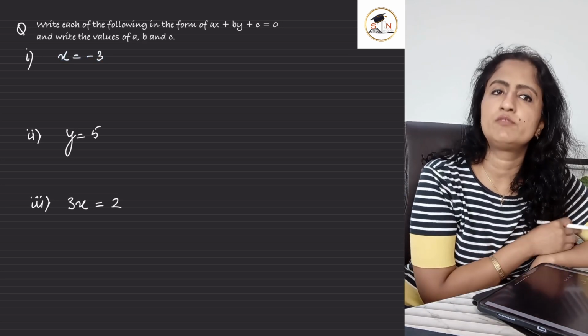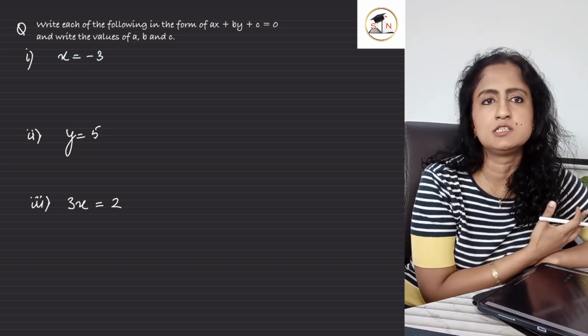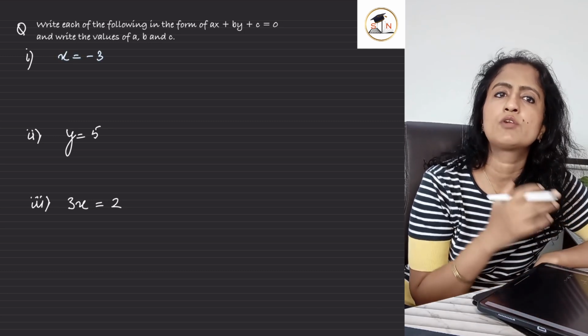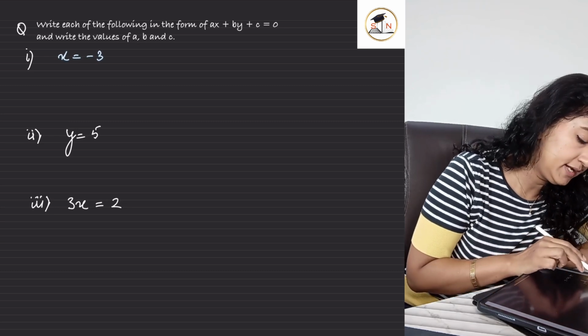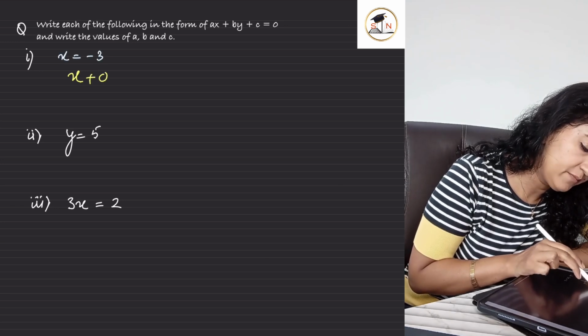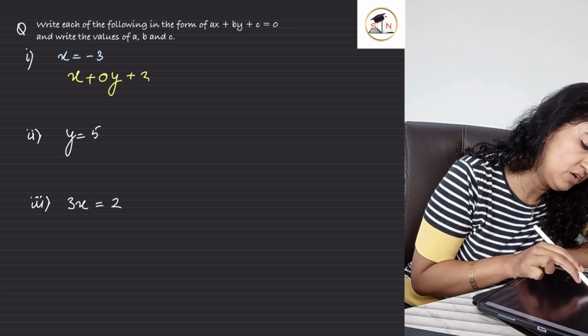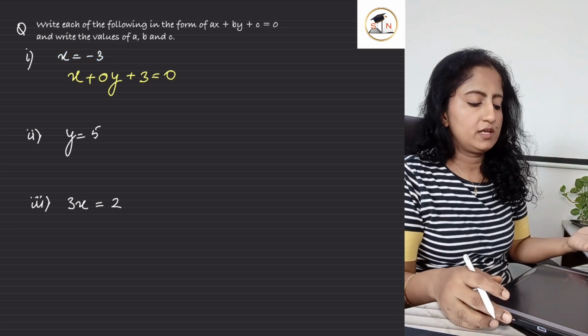And as I had told in one of the previous questions, what you cannot see is just 0. And that is the rule we are going to follow over here also. Okay, so now converting it, it gives me x plus 0y plus 3 equals 0. Why did I write 0y over here?